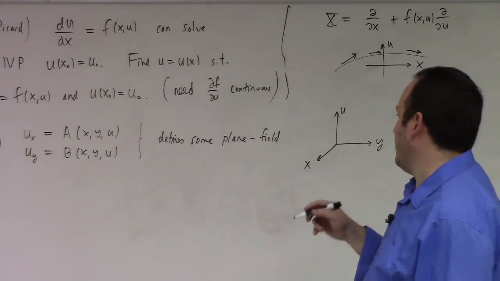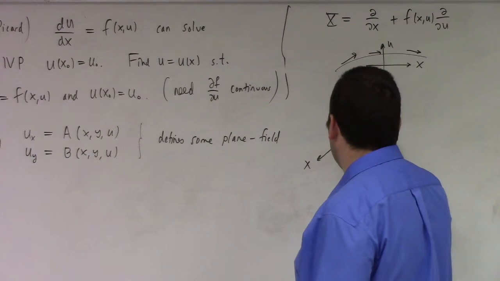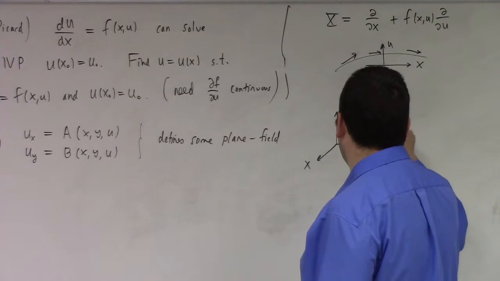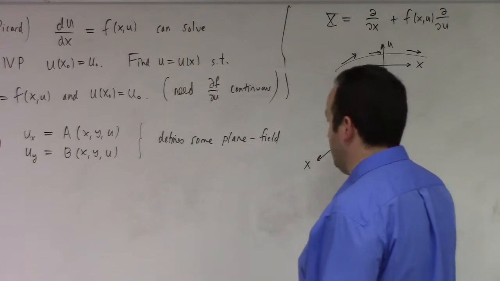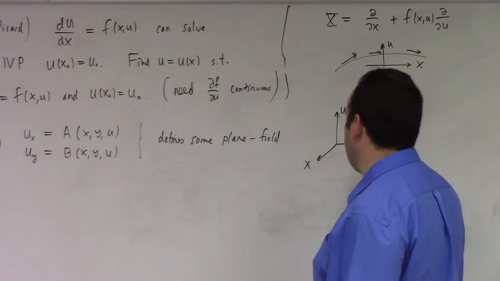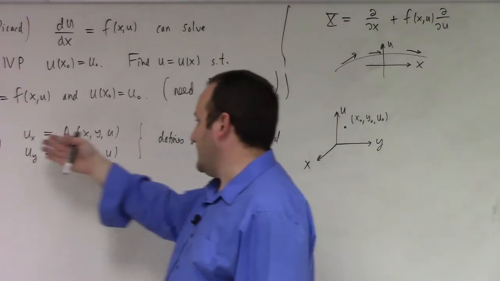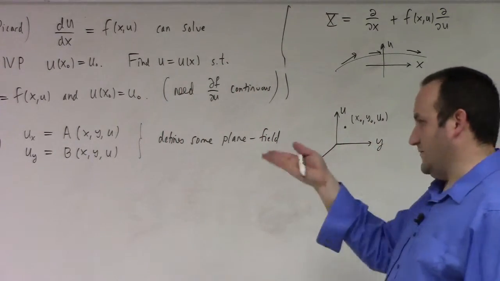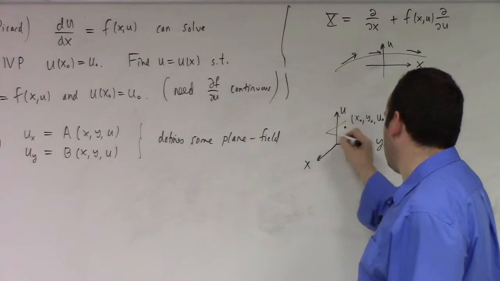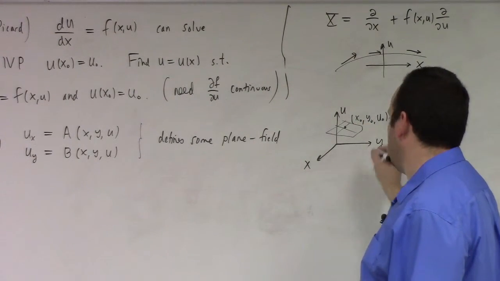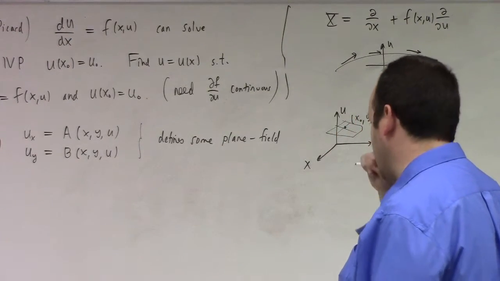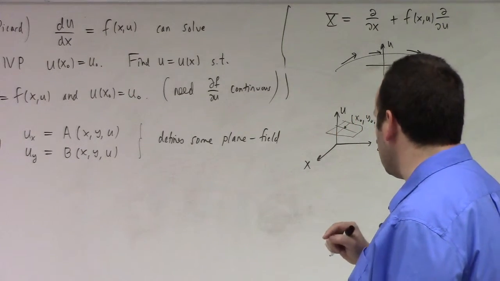So if I pick a point, say x naught, y naught, u naught, then if I'm stuck with these two conditions, they tell me something about the x derivative and the y derivative. Basically this fixes some little plane there. It fixes a tangent plane like that, given those two conditions.